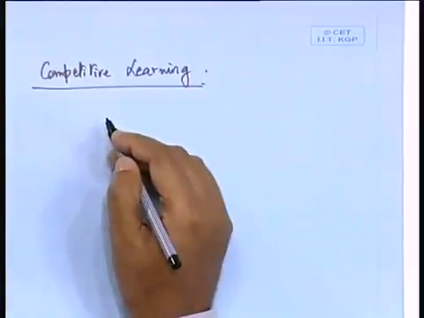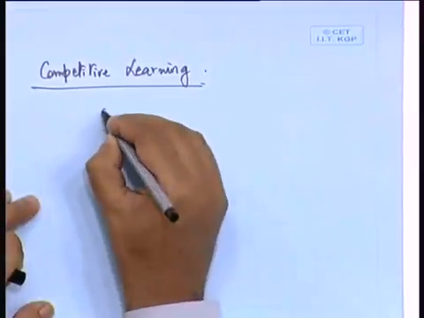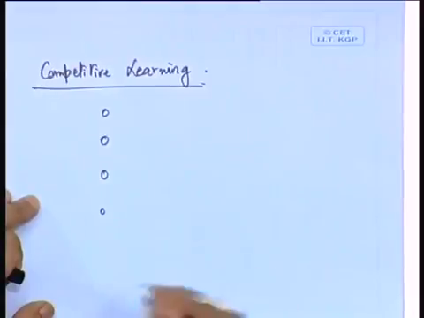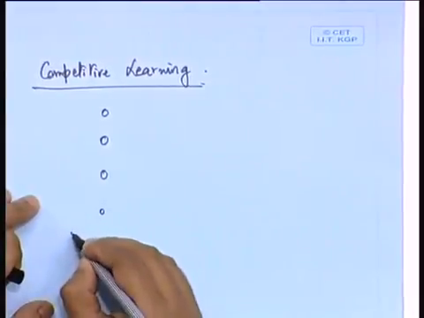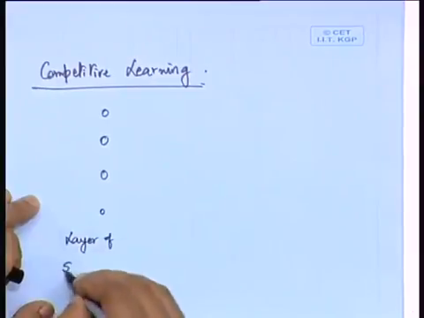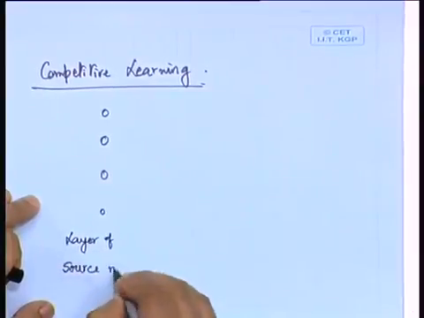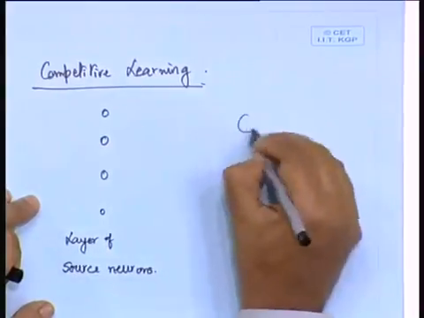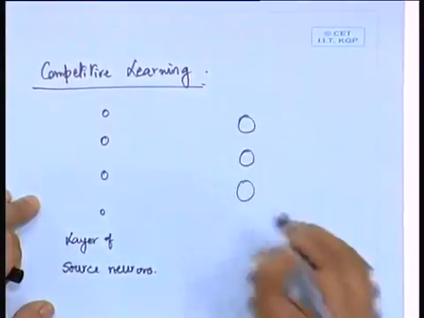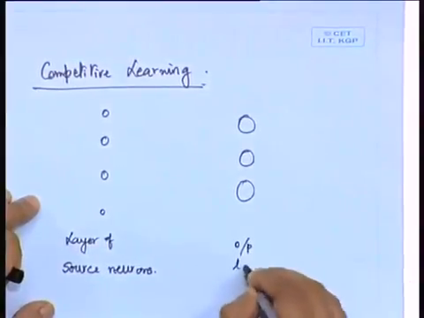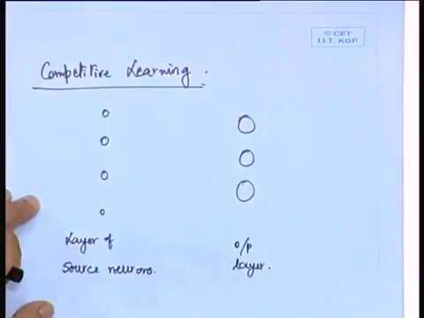So, in the case of competitive learning, of course, we are going to have some input layer. Let us say that this is a layer of source neurons, and then we are going to have an output layer. Suppose we just show 3 neurons in the output layer.